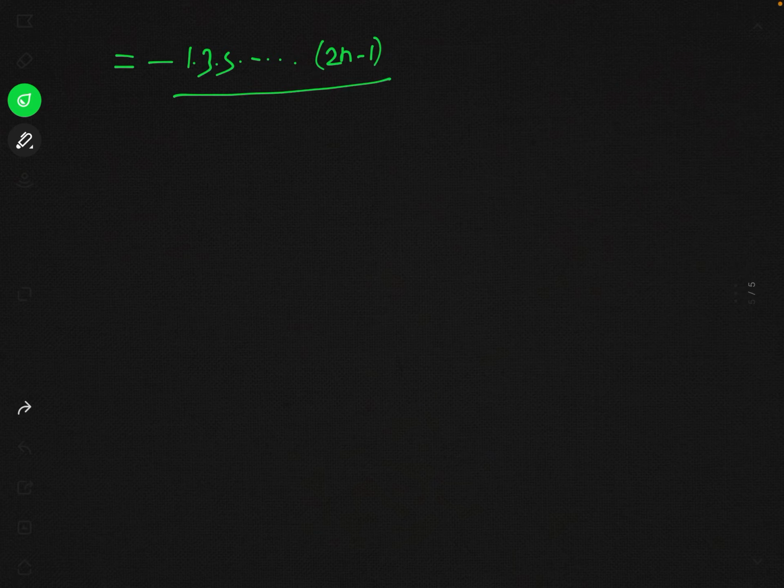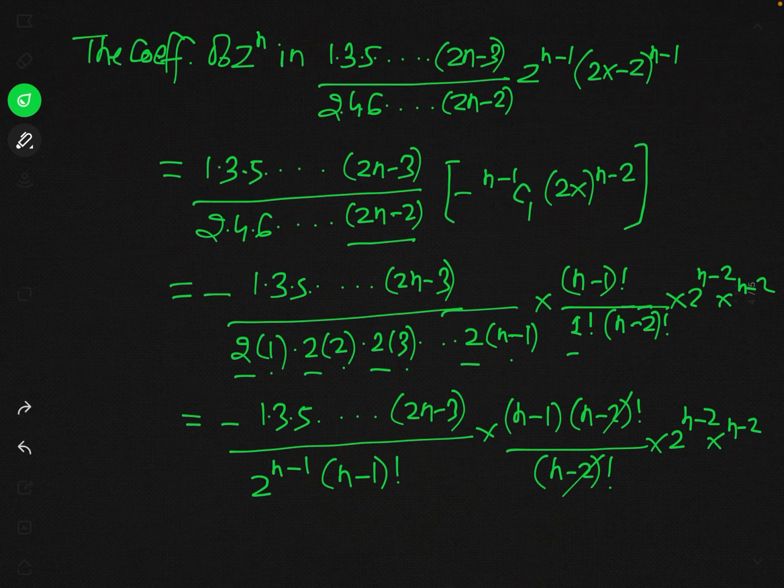This is an extra term, 2n minus 1, divided by this n minus 1. You can see this is 2 to the power n minus 1, and here is 2 to the power n minus 2.